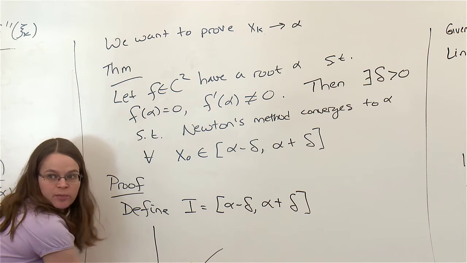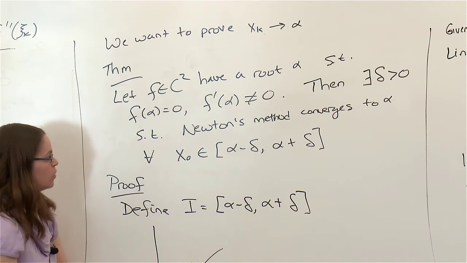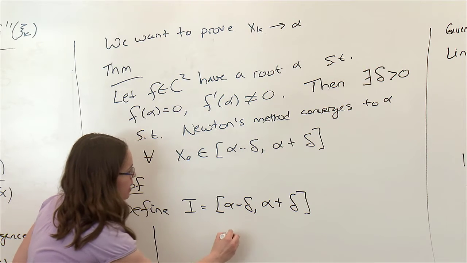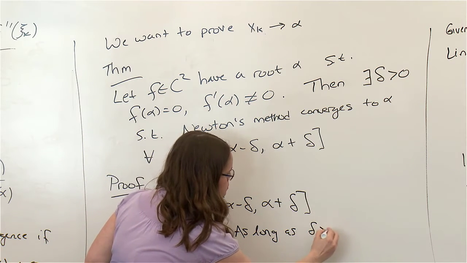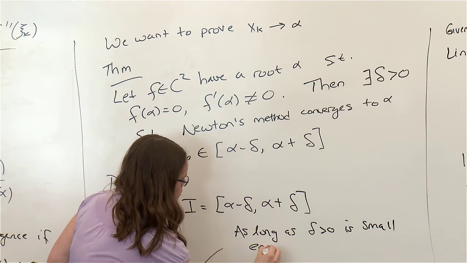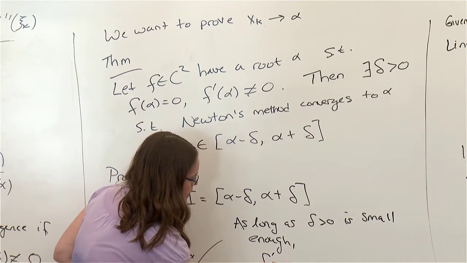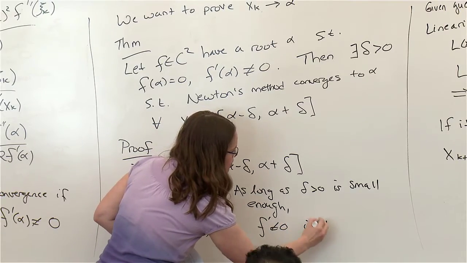Eventually, it can become 0, certainly, but as long as we stick close enough to the root, it's not 0. So I can say, maybe I'll let this be my window. As long as delta is small enough, f prime is not 0 in this interval.